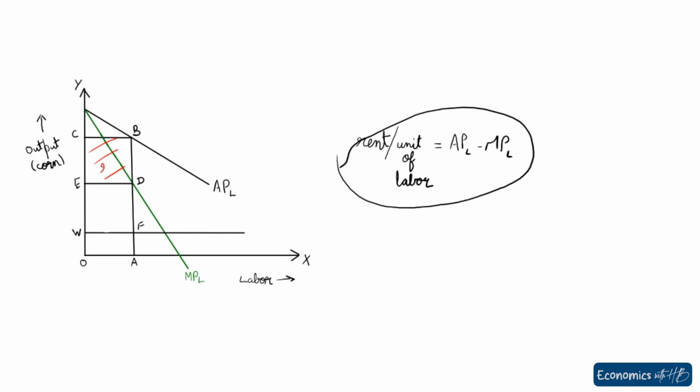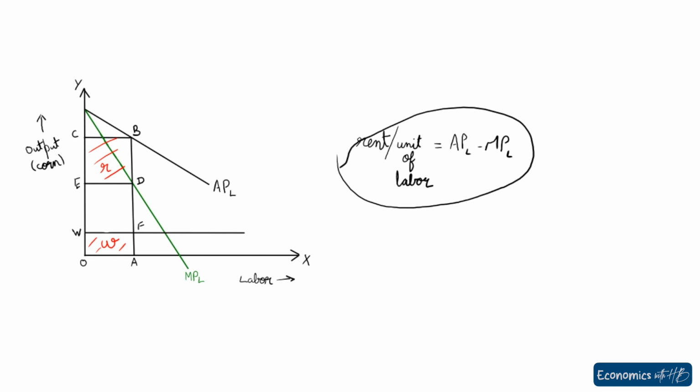Now here, this is the wage line, the subsistence wage line. So this area OWFA represents total wages paid when OA number of laborers or workers are employed. The terms labor and worker are used interchangeably, so don't get confused.